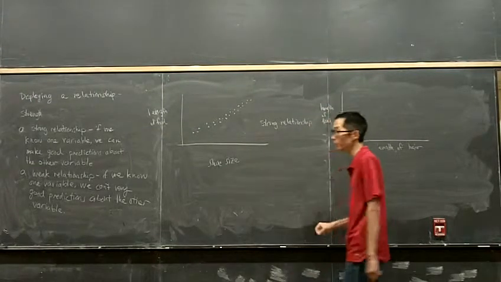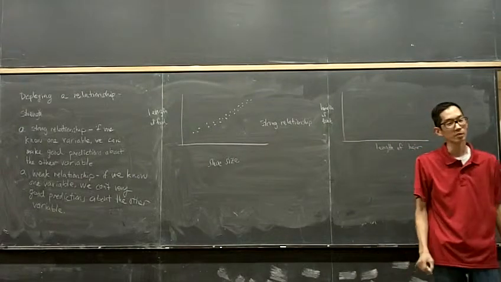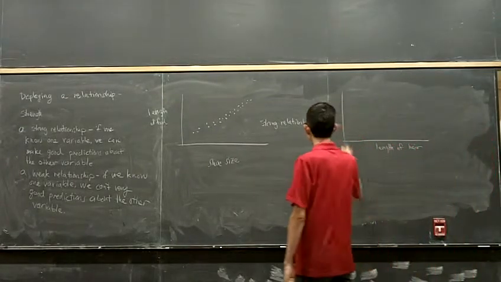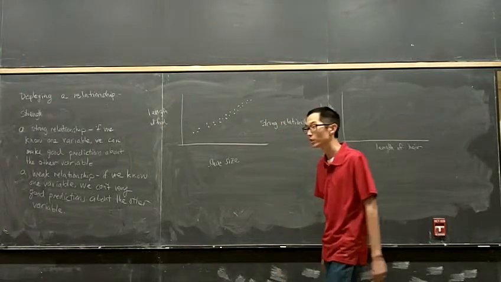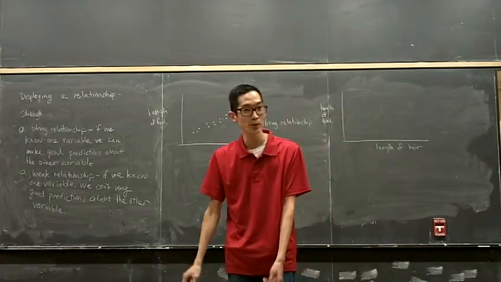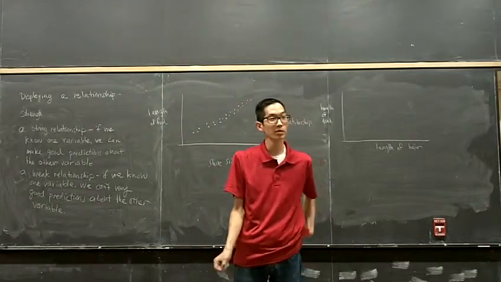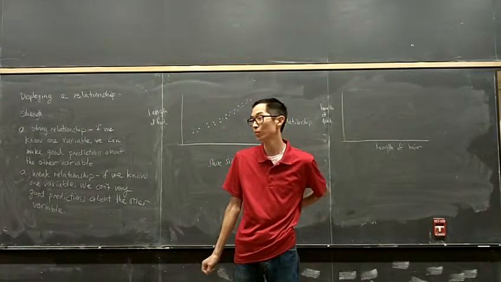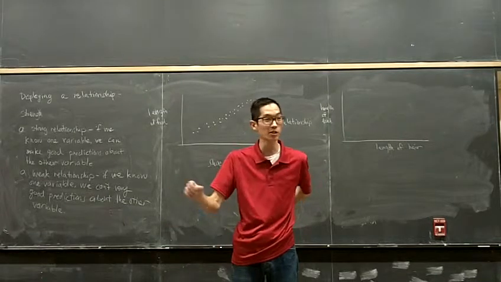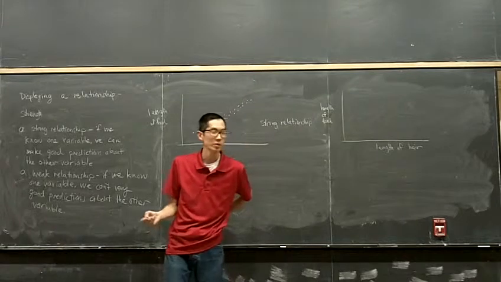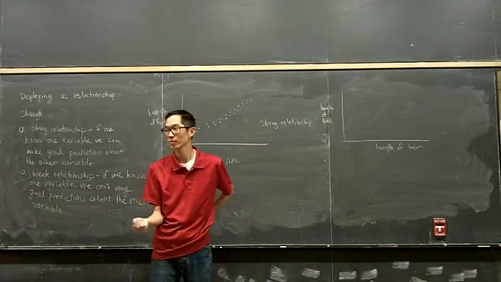Are we going to see any relationship? I'm going to say if we looked at a whole bunch of people, there's probably going to be a very weak relationship. But I'd say there is a slightly weak relationship that does exist, and it's going to be negative, okay? And why is that?